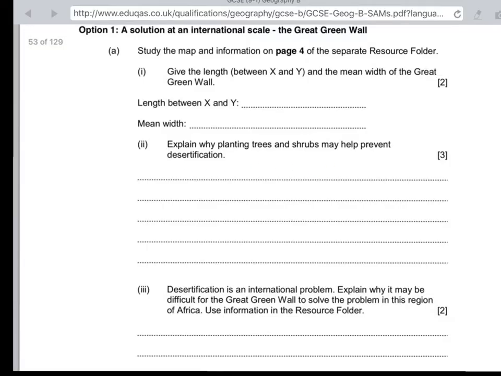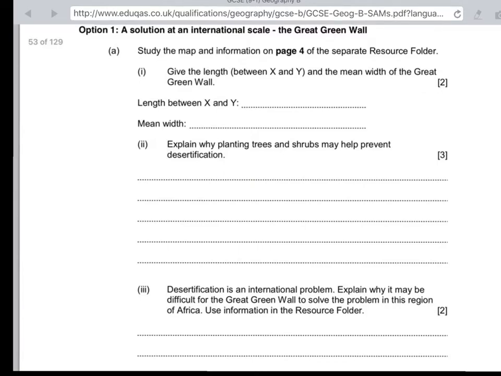That's a question of using a ruler and measuring it. On the actual exam, it would probably be a sensible scale, like 2 centimetres per 1,000 kilometres. In fact, if you do that, it's approximately 5,000 or so kilometres across. It says the mean width, so what I would do is measure a couple of them, and again it comes to about 250. So we've got that. The next question is, how's it going to work?